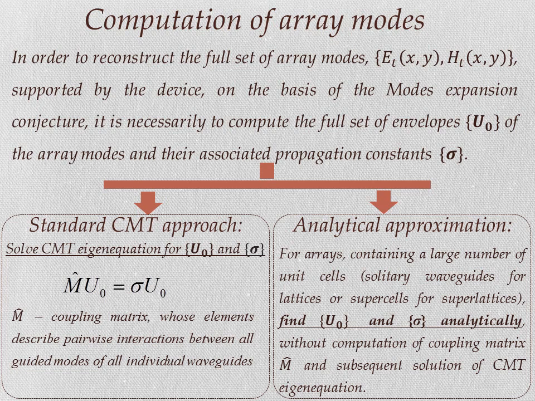Another way is the analytical approximation we are going to discuss here. For arrays containing a large number of unit cells, namely solitary waveguides for lattices or supercells for superlattices, find U0 and sigma analytically without computation of the coupling matrix and subsequent solution of the coupled mode eigenequation.